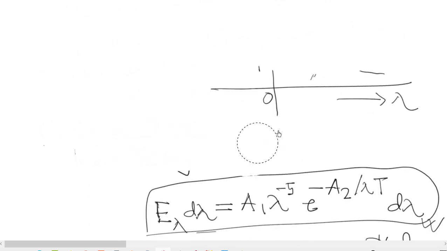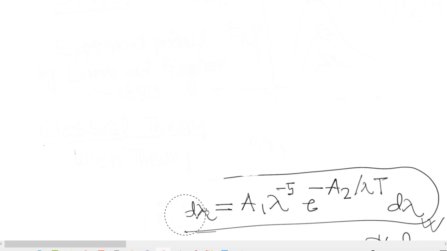And actually Max Planck's theory gives the beginning of the age of quantum mechanics. The quantum theory. Planck's hypothesis, Max Planck.